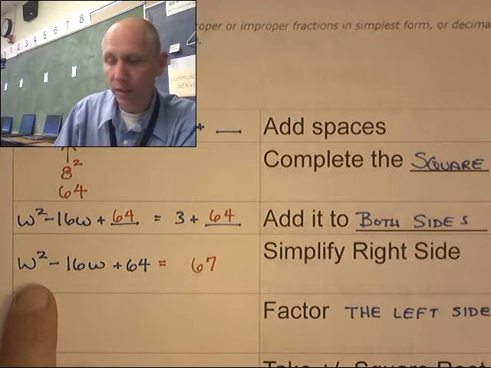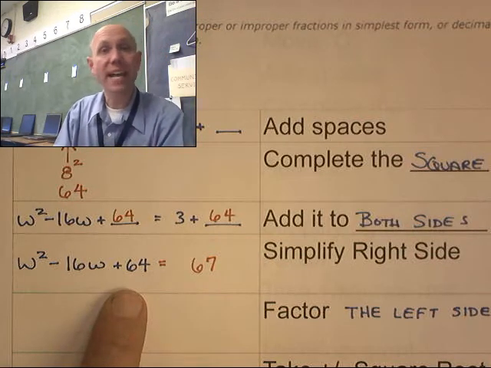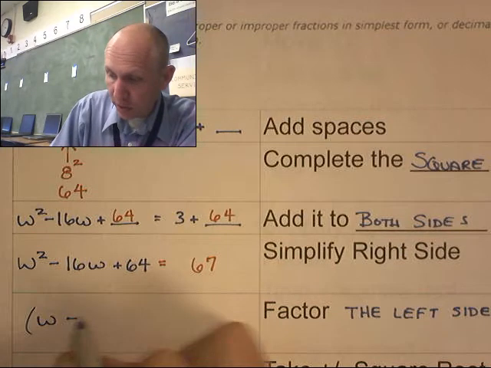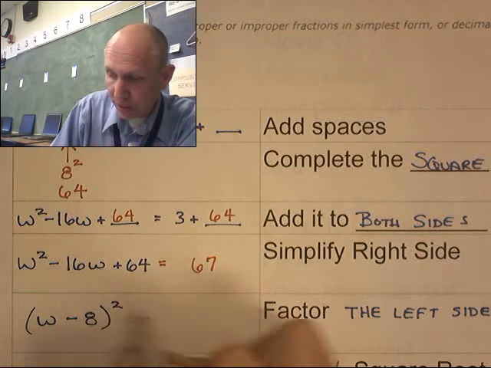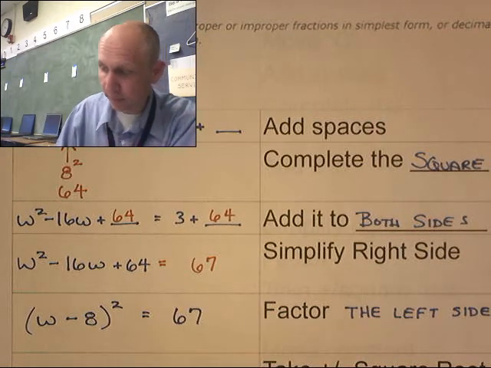Well, how does this factor? It's a perfect square because I created a perfect square when I added the 64 to it. This factors as w minus 8 squared equals 67.